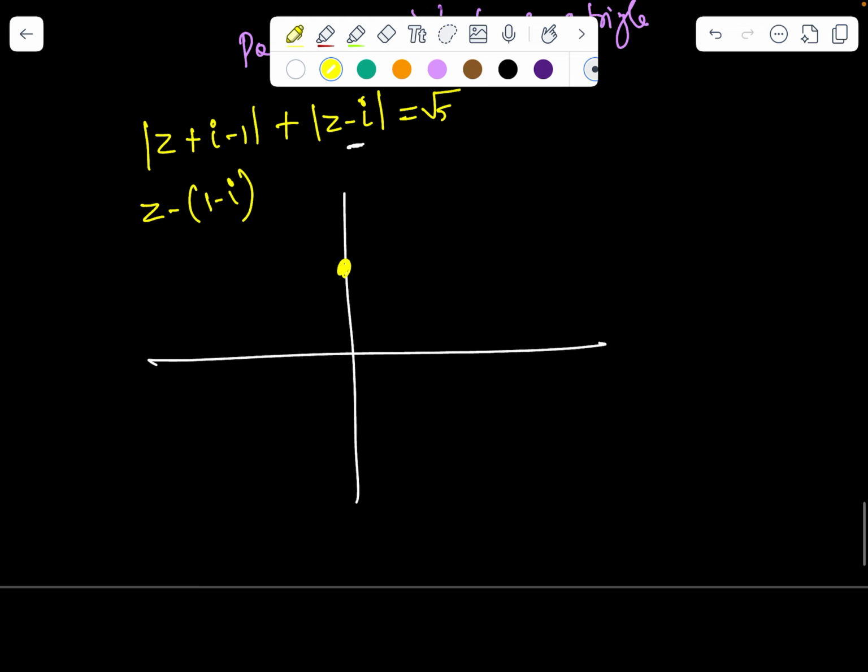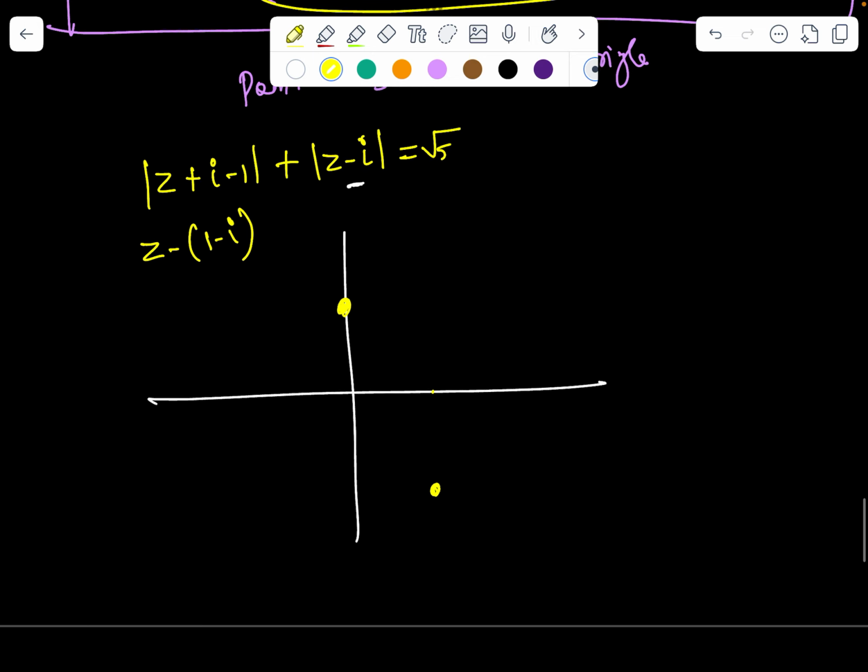So we have 1 and minus i somewhere here. Now what is the distance between 0 comma 1 and 1 comma minus 1? That's basically 1 minus i in the Argand plane representation. So this distance is nothing but root 5, which is precisely given over here. So that represents a line segment connecting, let's say, points A and B.